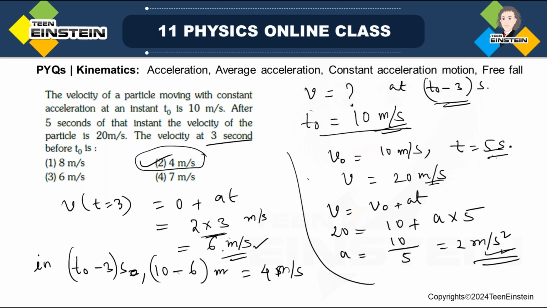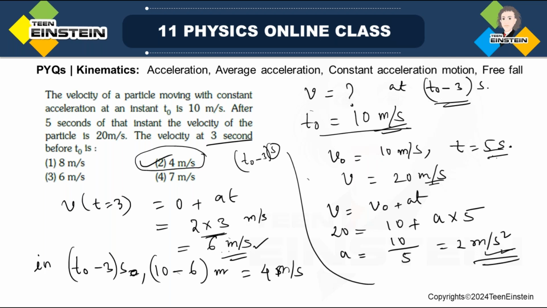It has already gained 6 meter per second, so at t0 minus 3 seconds it must be moving with speed less by 6 meter per second. That is what I am doing here, and by doing that we are getting 4 meter per second. I'll try to make this solution in another way also in the next class and we'll clarify it.